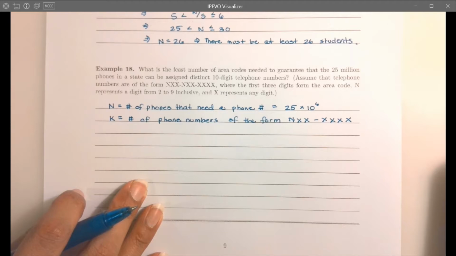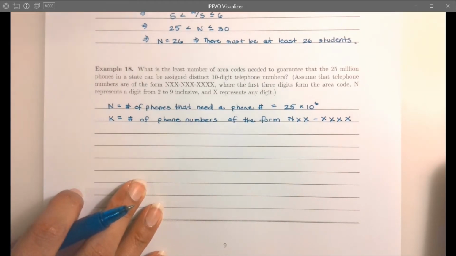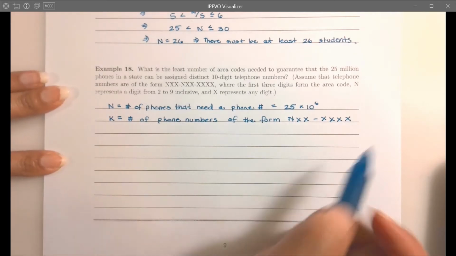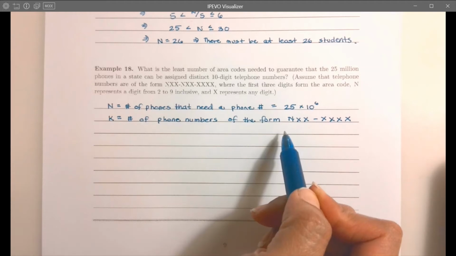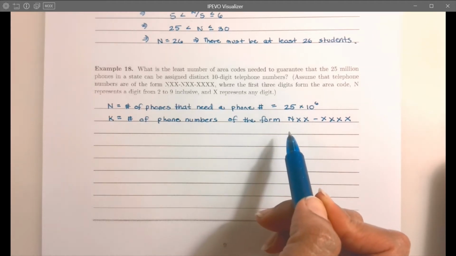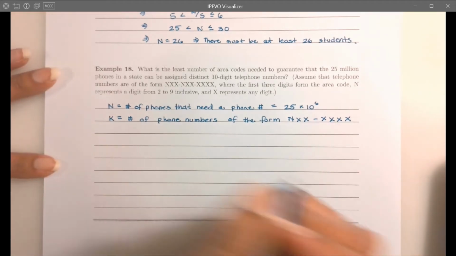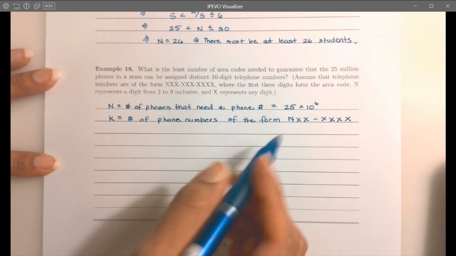So if we can find out how many phones are in each category, meaning they get assigned the same number, then we know how many area codes need to be produced in order to make sure that the 7-digit number is preceded by a unique 3-digit number, so that altogether the 10 digits are unique. Okay, so let's see.